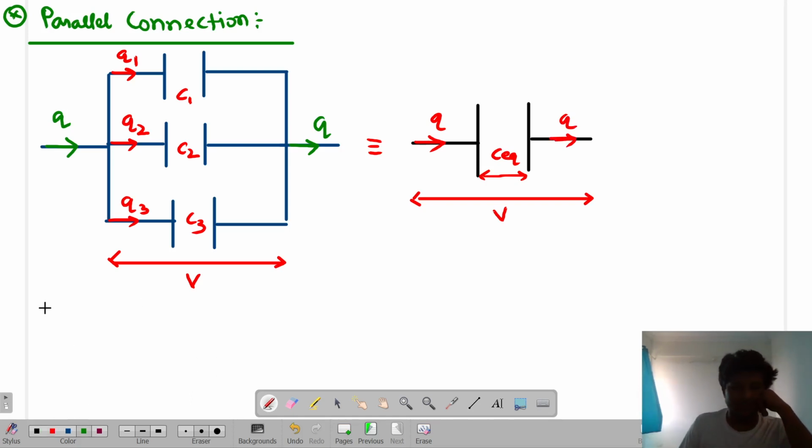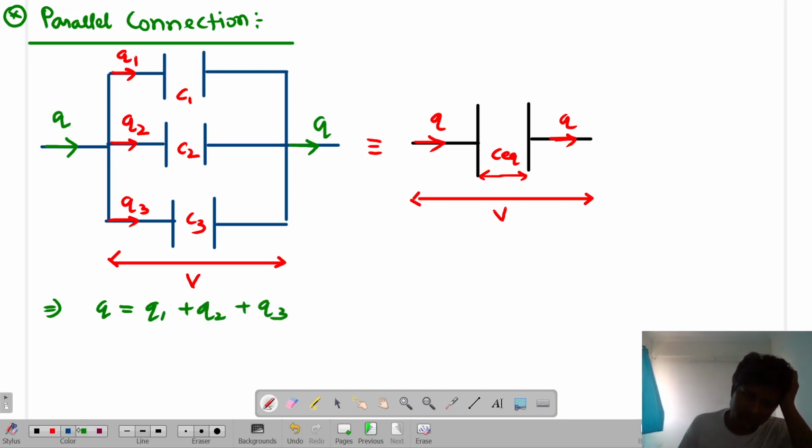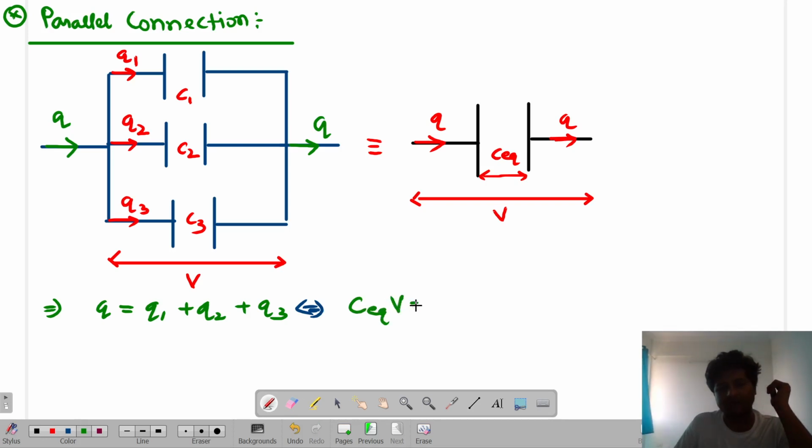Here charges are getting distributed, but we know that the net charge always remains same. जितना आया उतना बाहर जाएगा. So Q is equal to Q1 plus Q2 plus Q3. This implies that Q is equal to CV, then C equivalent into V is equal to C1 V plus C2 V plus C3 V and so on.